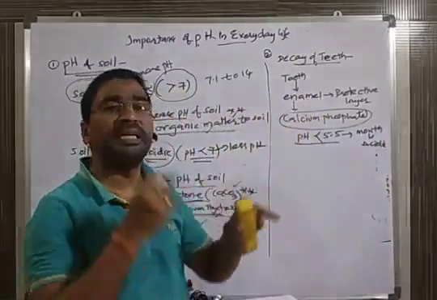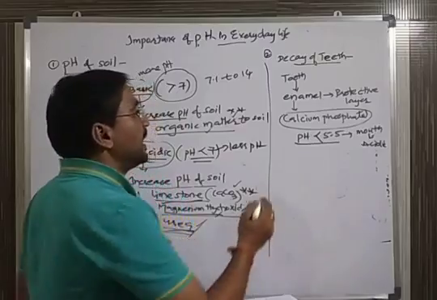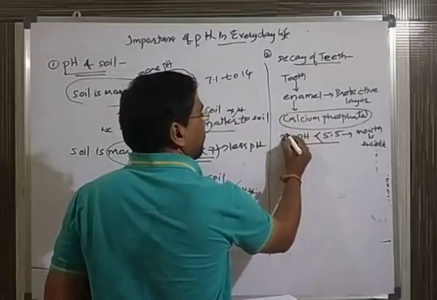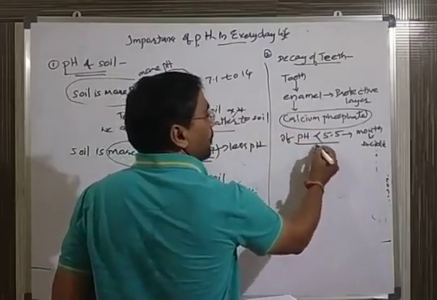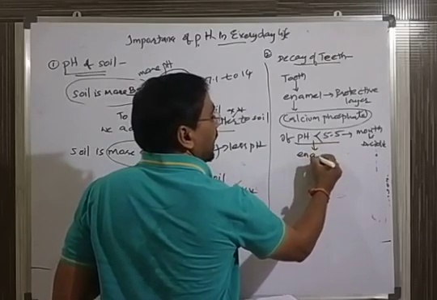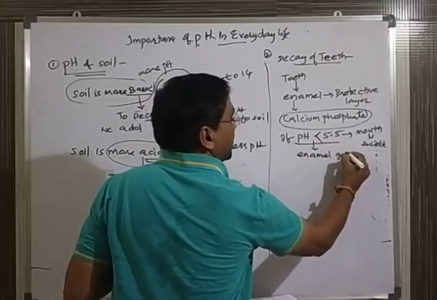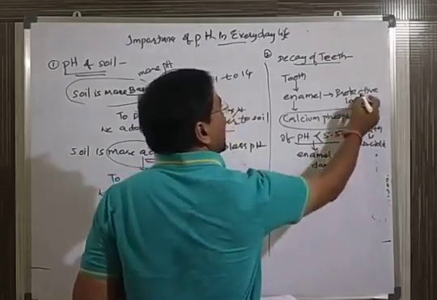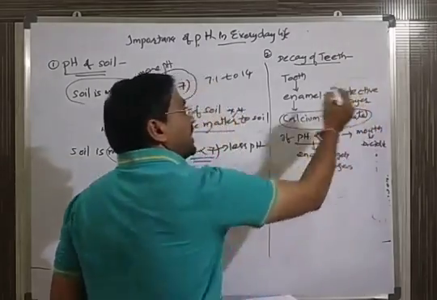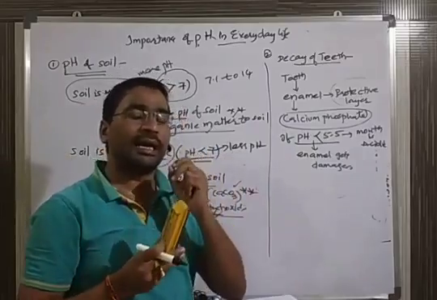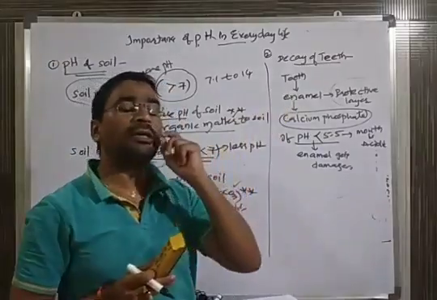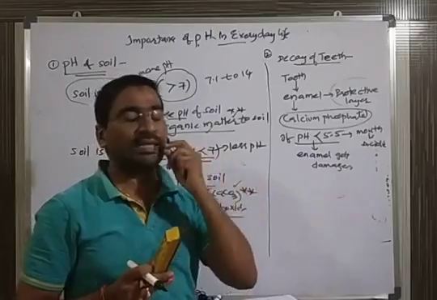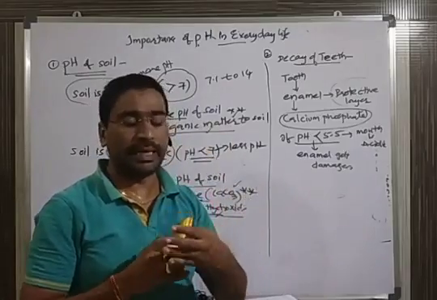This enamel gets damaged. Already said, enamel is acting as a protective layer. If that is damaged, automatically our teeth immediately start decaying.